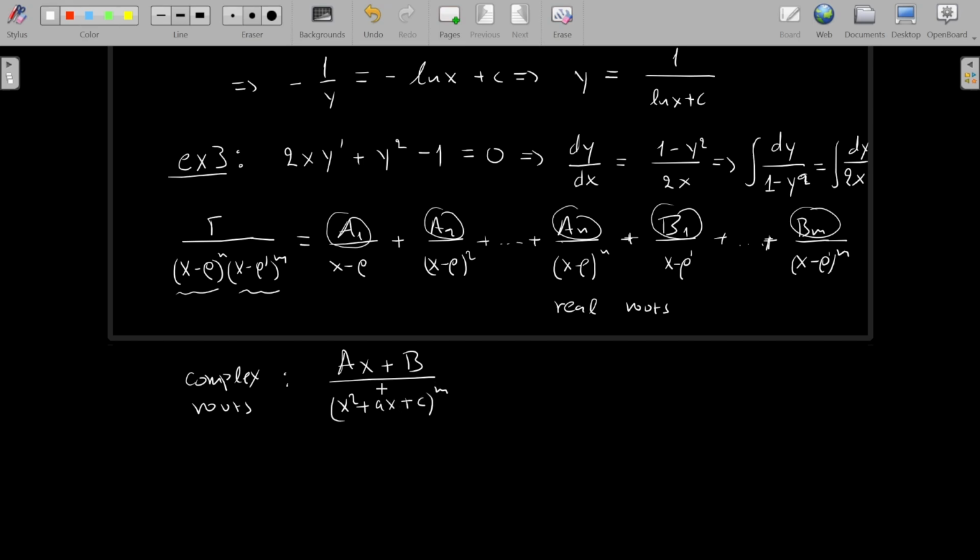This will have complex roots, but the numerator is going to be like that.